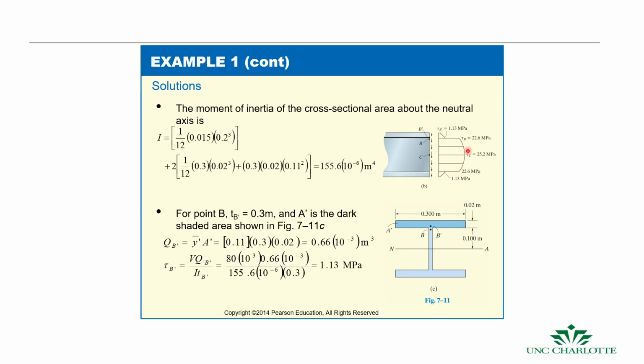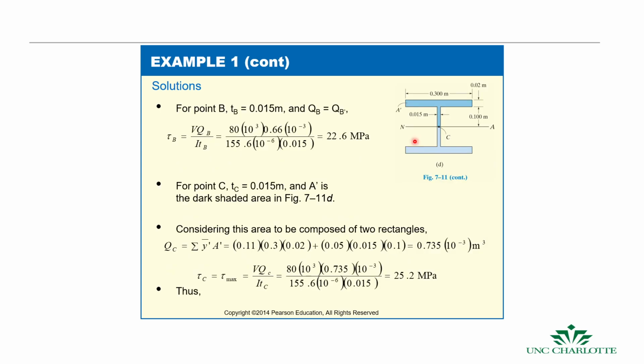I'm bringing this example in here just so you can see how those stresses look as a function of the cross section. Which is interesting, and we still have our max shear here at the center.